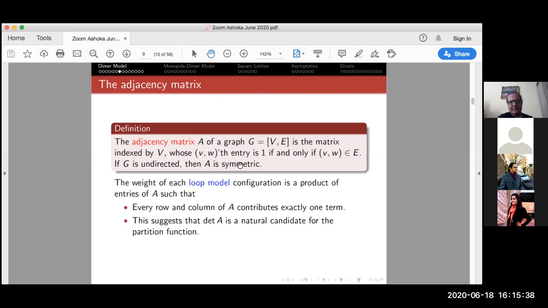Now if you take the determinant of this matrix and you use the Leibniz expansion, you consider a term in the determinant indexed by a permutation.